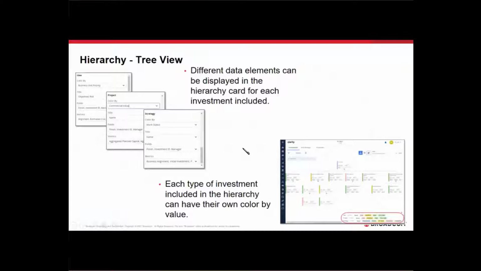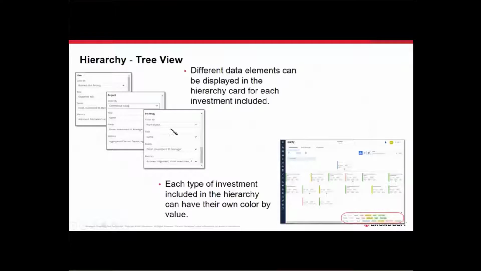The next is the title, which would be the title of my card, followed by fields, which I'm allowed to select up to 4 fields that can be displayed as the data for that specific card. And then the last is the metrics, where I can pick up to 3 metrics that can be displayed within the card itself.